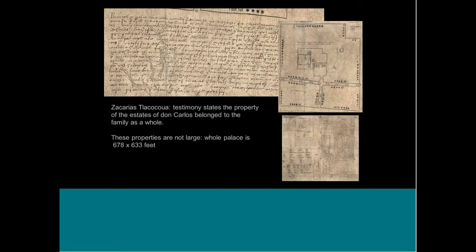So below the palace, there is a large gloss, and that gloss is made by another indigenous testimonial, which basically talks about the property as being the estates of Don Carlos belonging to the entire family, and that this palace itself is not fully owned by Don Carlos.